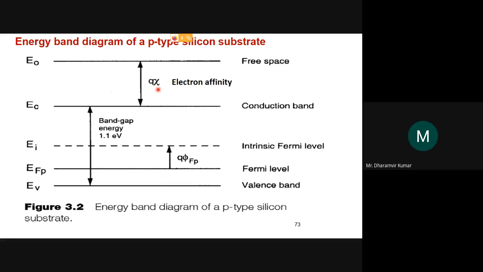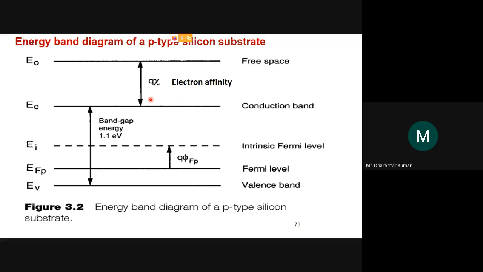We can define the term electron affinity as the energy required by the electrons to escape from the metal. In very simple words, we can define it like this.